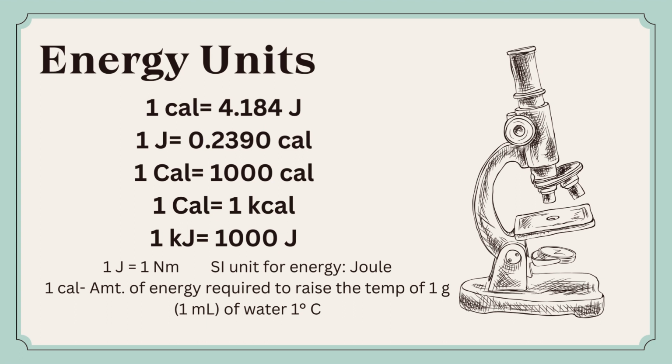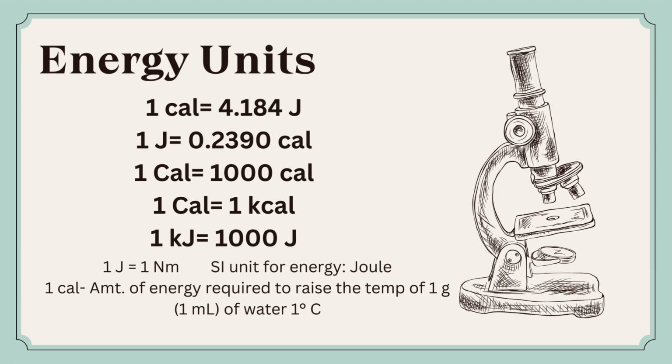So there are 3 main units to describe energy, and that is calorie, a joule, and a nutritional calorie, which has that uppercase C. And these relate as 1 calorie equals 4.184 joules. 1 joule equals 0.2390 calories. 1 nutritional calorie equals 1,000 calories. So 1 nutritional calorie equals 1 kilocalorie. 1 kilojoule is equal to 1,000 joules.